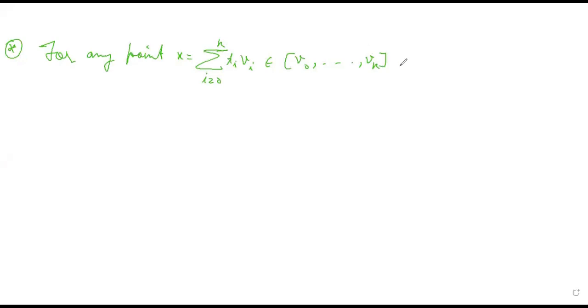Then the numbers ti are called the barycentric coordinates of X.